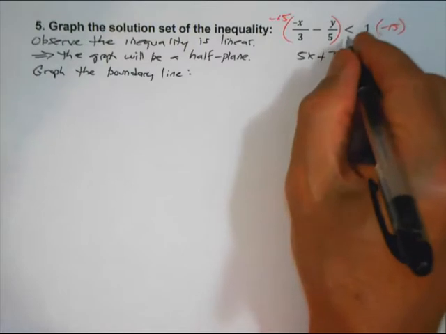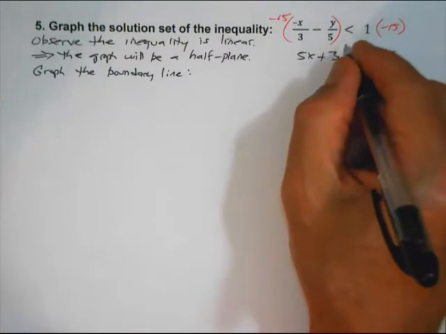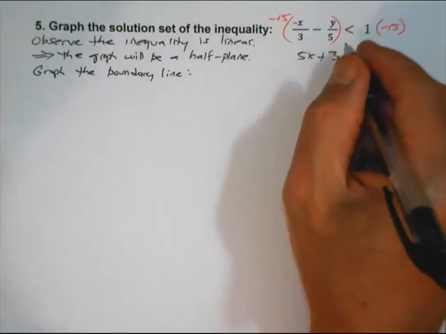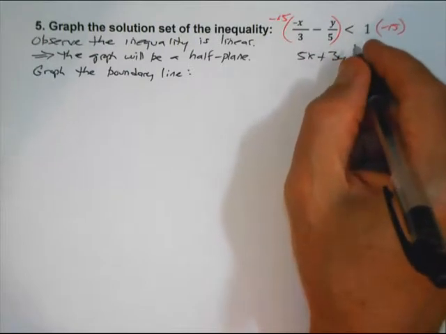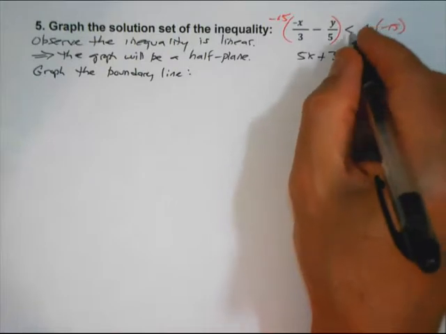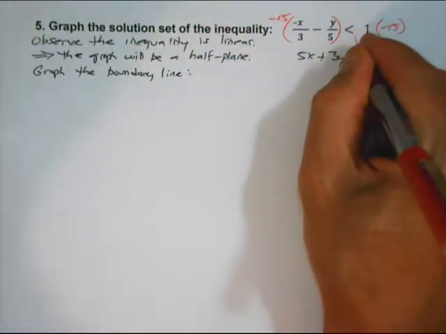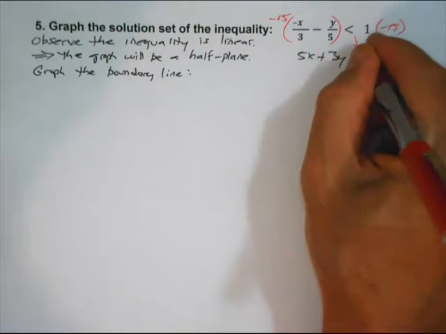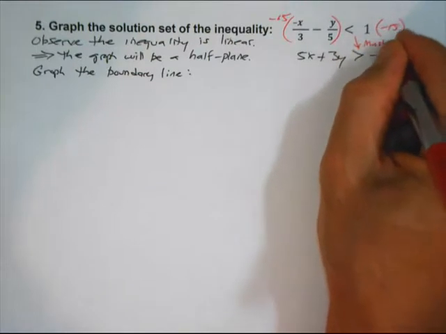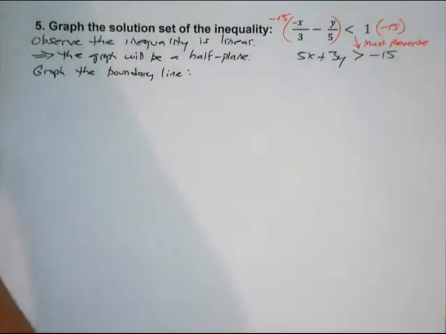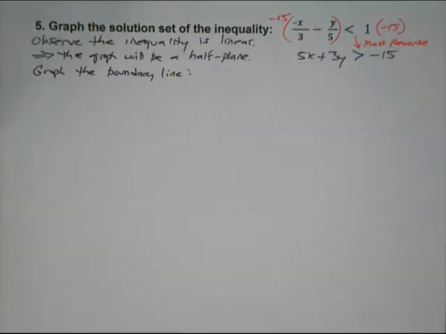Important: when you multiply both sides of an inequality by a negative constant, you must reverse the inequality. So a less than sign must now become a greater than sign. So right there it must reverse, and again that's due to multiplying both sides by a negative constant.